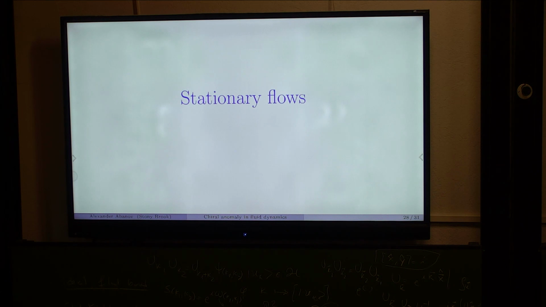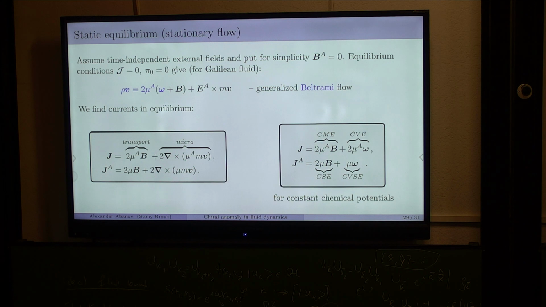And as one application, we can try to find the equation for stationary flows for this hydrodynamics in the presence of external axial and vector fields. We are going to assume that all our external fields are time independent.